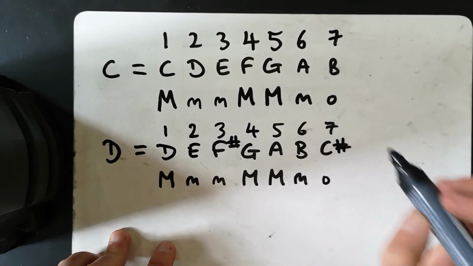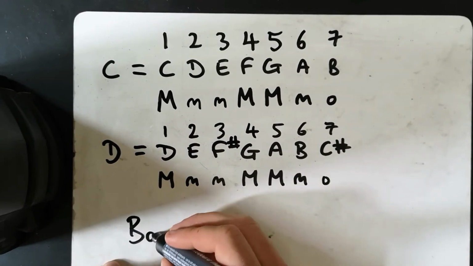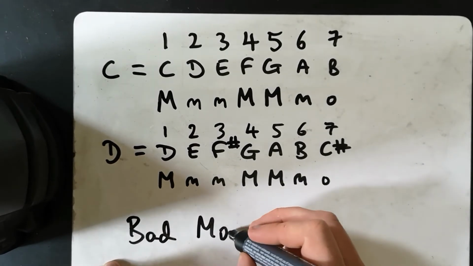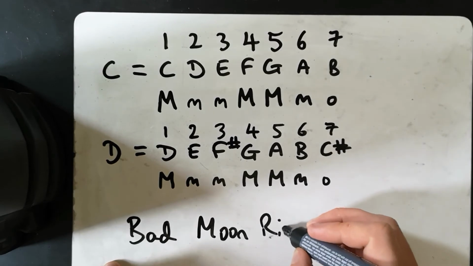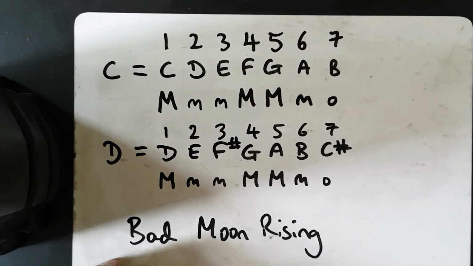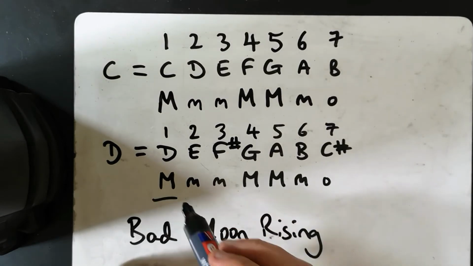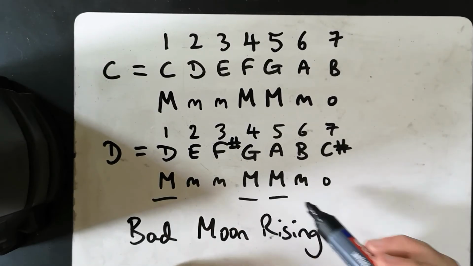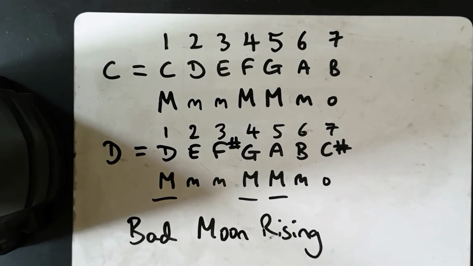Now, there is a song called Bad Moon Rising, which only uses 3 chords. It uses D, G, and A, all of them major, and that's it.